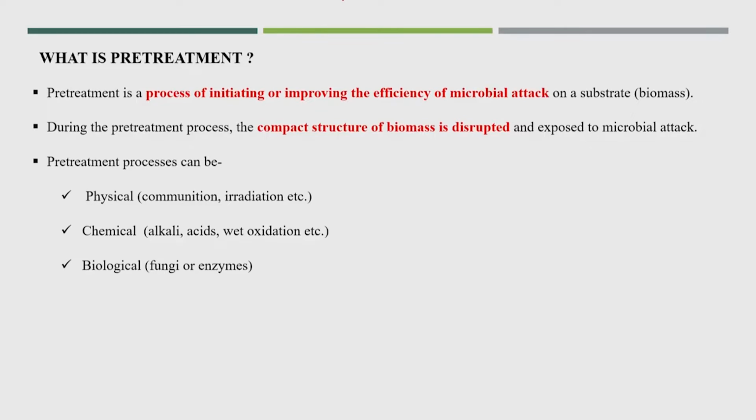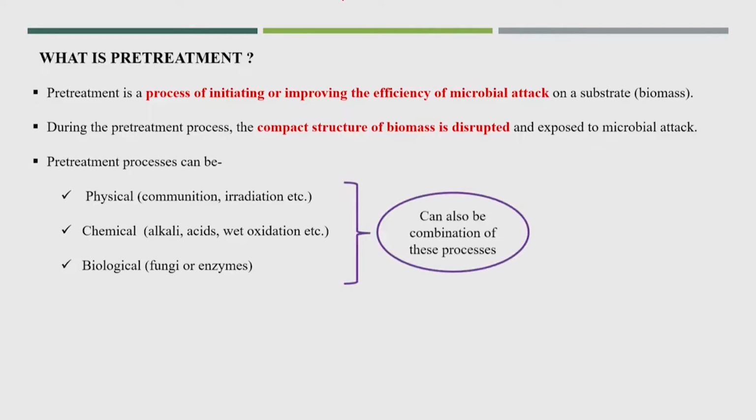This pretreatment process can be physical, chemical or biological, or we can combine them, such as a physical process followed by a chemical process, or a physical process followed by a biological process. Likewise, we can make some combinations.